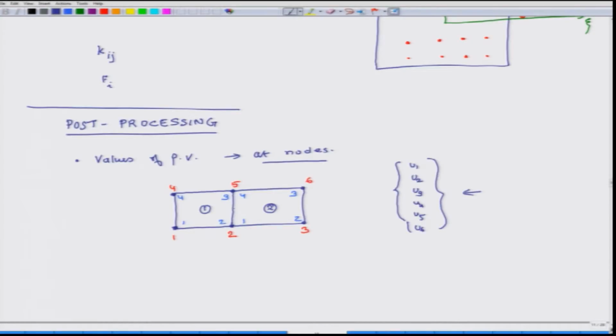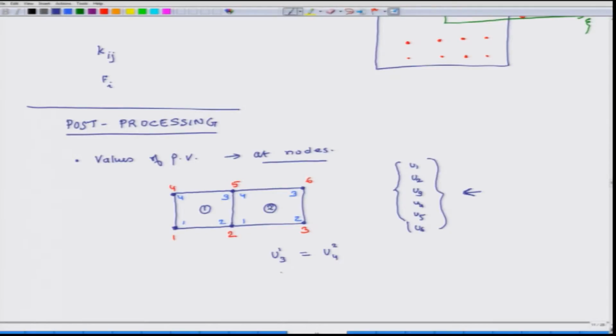And in the assembly process we ensured what? Continuity conditions. So, we ensured that u1 at node 3 was equal to u2 at node 4.